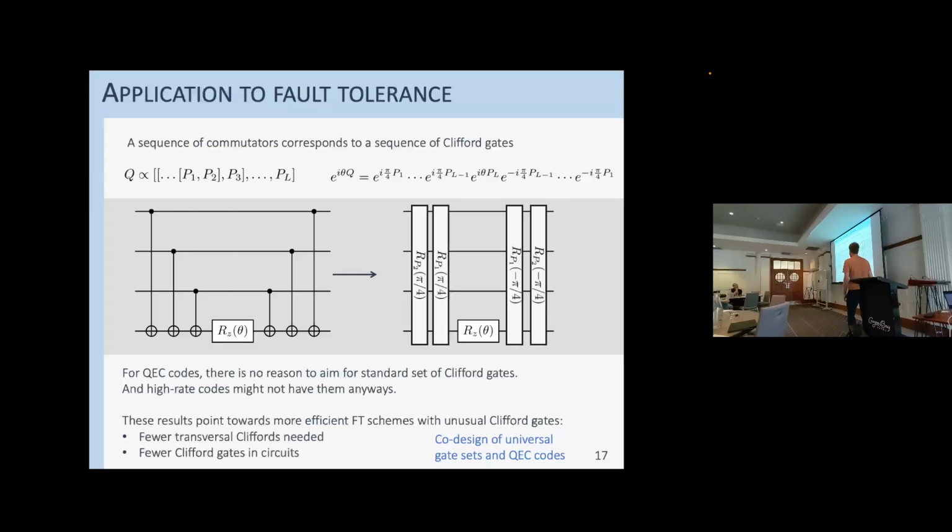So this minimizes the number of transversal Cliffords your code needs to support, and also it minimizes the number of Cliffords you need to apply in a given circuit because of the high efficiency of these certain generating sets. So this calls for maybe some co-design of finding good universal gate sets and designing codes which can support them, going beyond just the boring standard gate set.